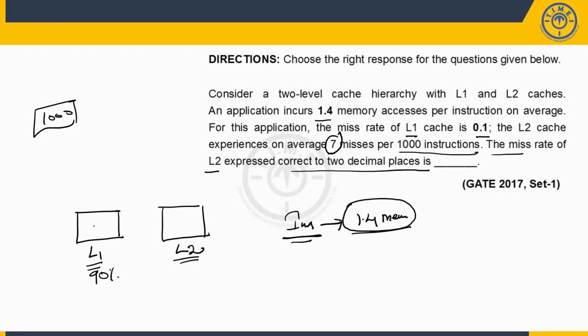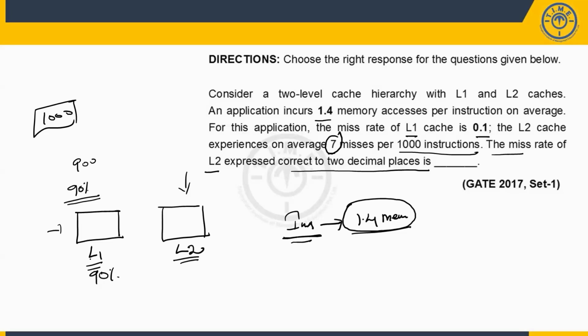Now let us understand. Initially, L1 will be accessed. For all the 1,000 instructions, do we directly go to L2? No. For every instruction or data element, L1 cache is searched first. 90% of the instructions will be available in L1 cache itself, so out of 1,000, 900 instructions will be filtered out from L1.